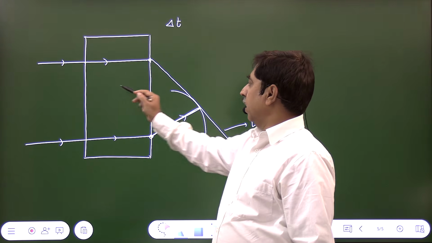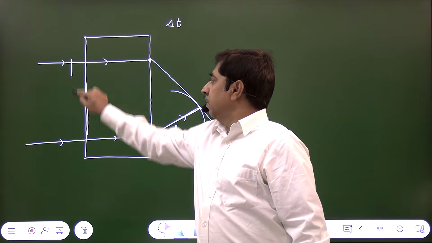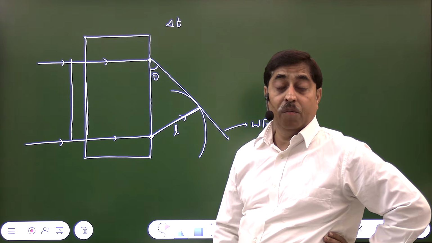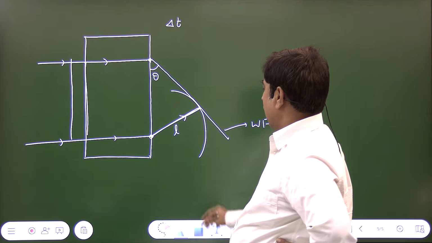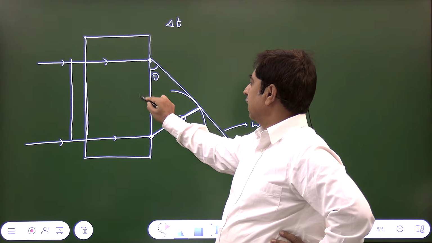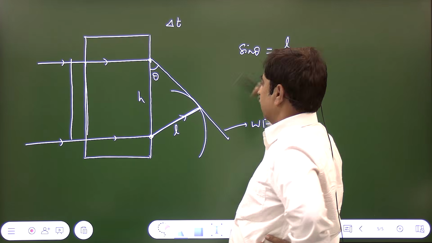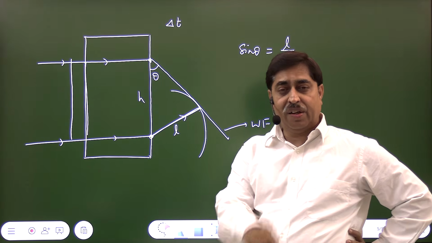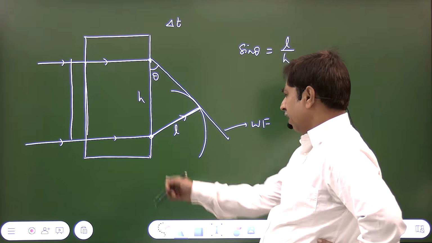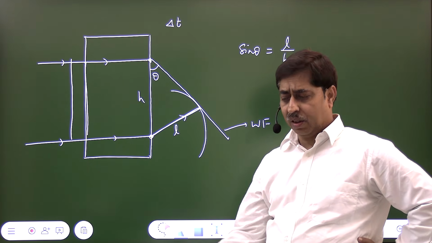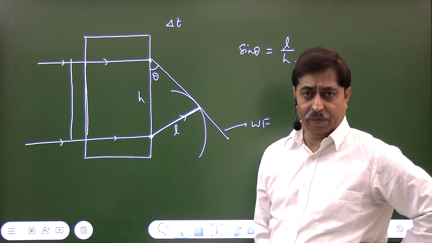So this wavefront originally was like this. Now it has deviated by this angle theta. Now what is that? Theta. If this length is L, this is given as H. Sin theta is L by H. Not tan theta, it is sin theta. And again, either you can work in terms of time or optical path length. That is perfectly same, nothing different.